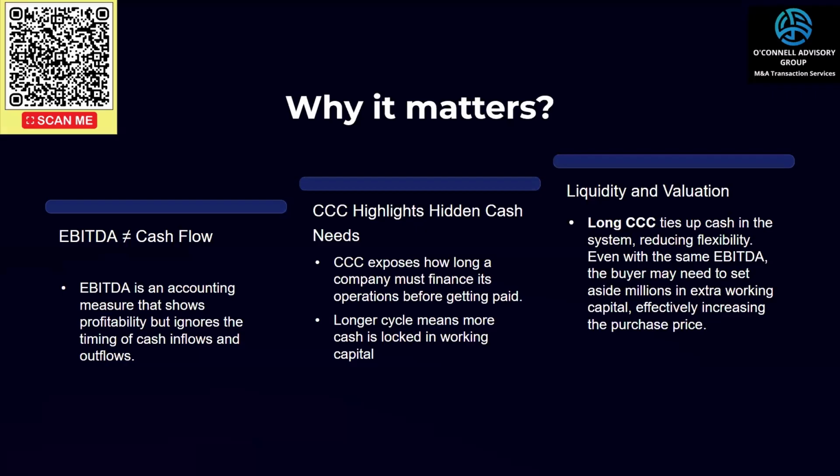And the last one, liquidity and valuation. I just touched upon the liquidity. Whenever the cash conversion cycle is higher, naturally the working capital in the balance sheet, the dollar amount, goes up compared to a company which has a lower cash conversion cycle.